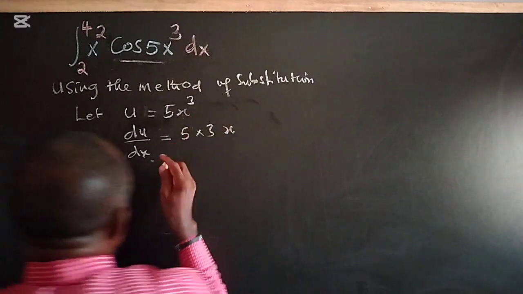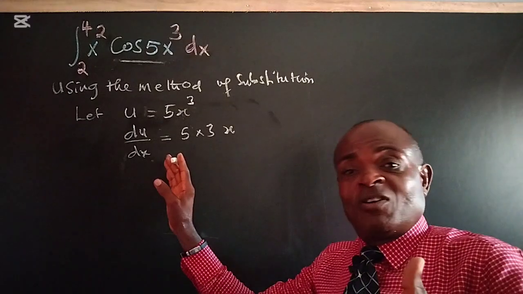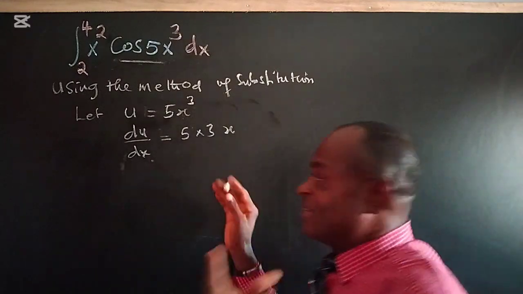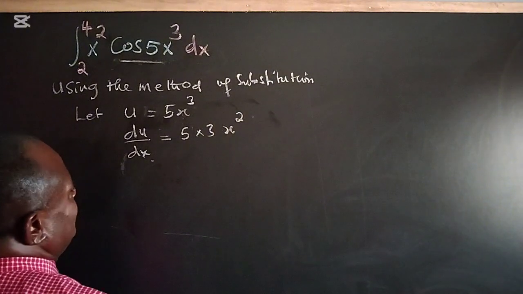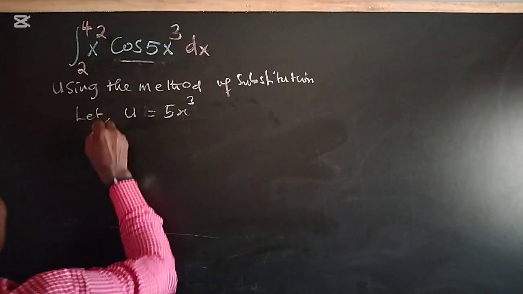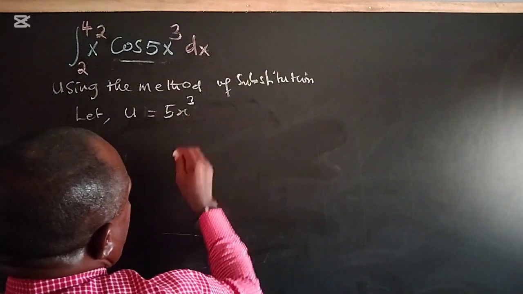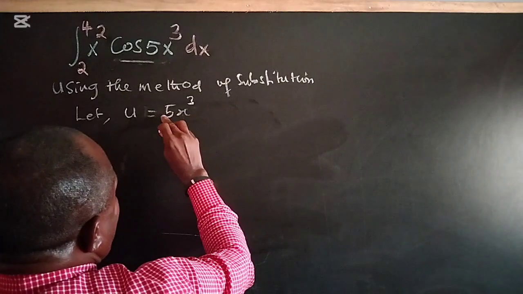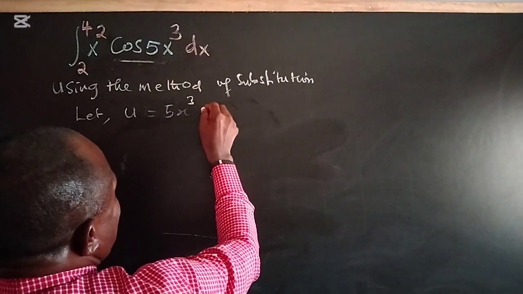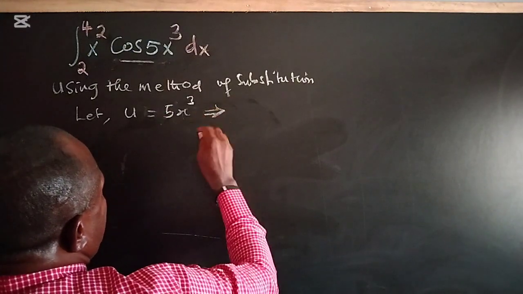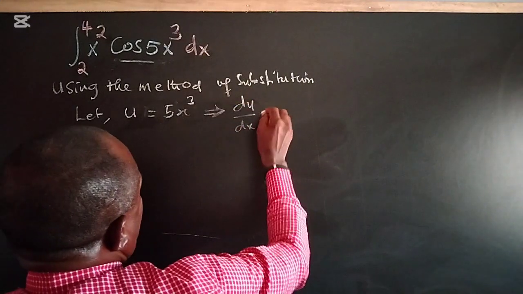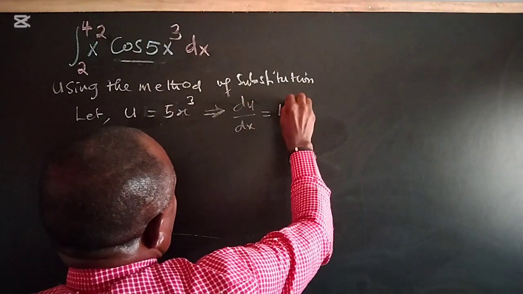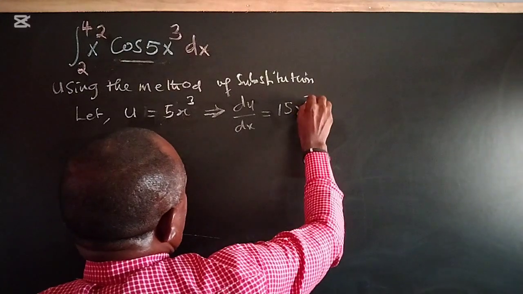Remember some of the problems we solved before in differentiation. At this time, I know you should be familiar with that. So this is x squared. So we said let u equals 5x cubed, and then we try to differentiate this function so that it will help us in our substitution. This means that our du dx is equal to 15x squared.